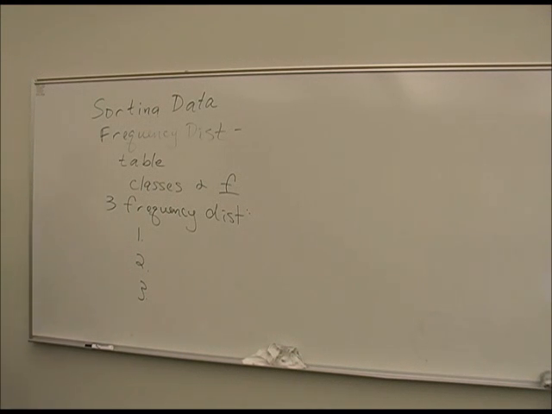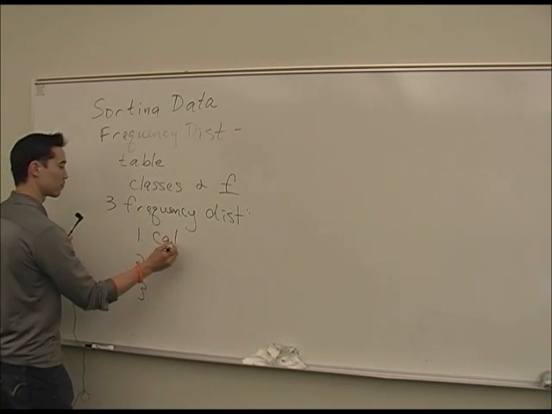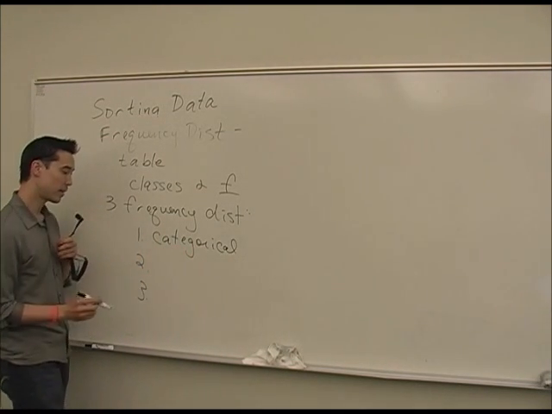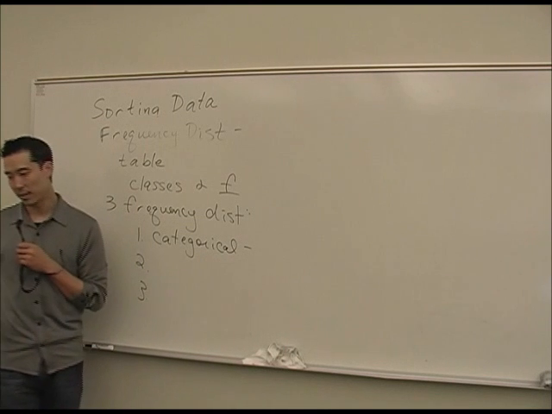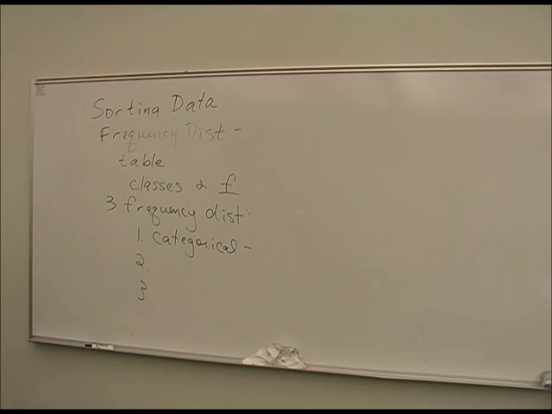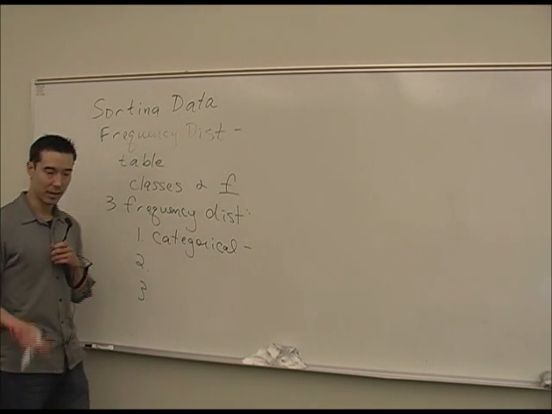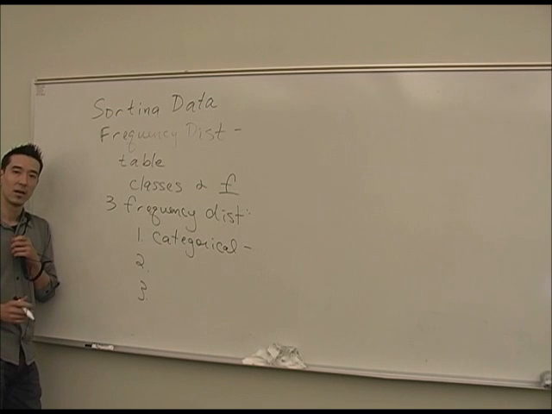It's called categorical. Okay? And that's an example of the one we just did. Categorical frequency distribution is for things that are categories, like grades, blood type, religion, right? We saw that two days ago. What were we talking about when we talked about categories?